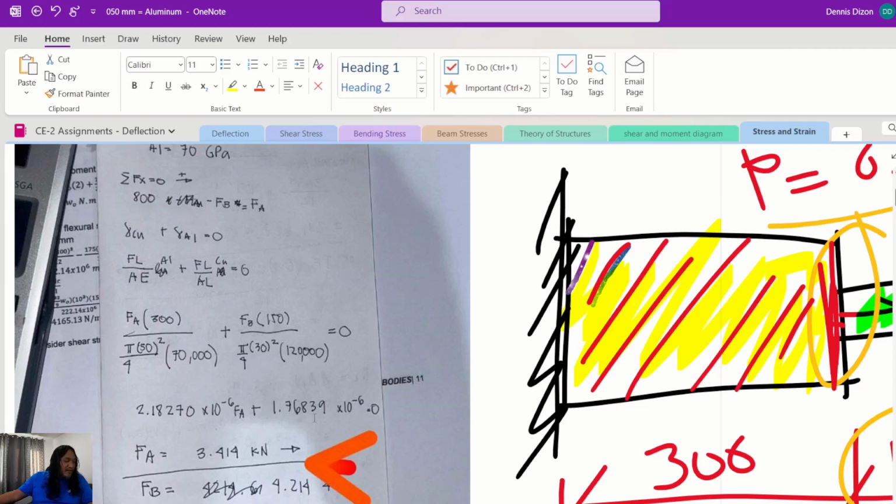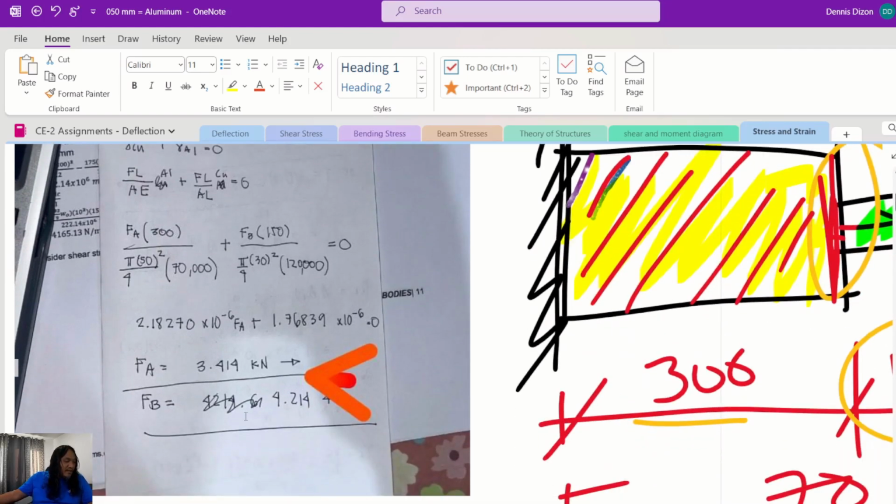If he did not round off this number, it's probably correct. The value is correct, but the unit is wrong because this is kilonewton.